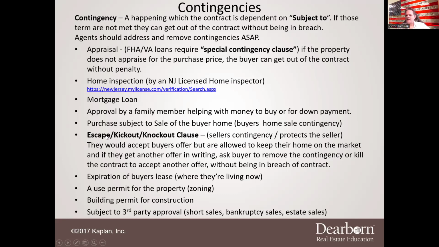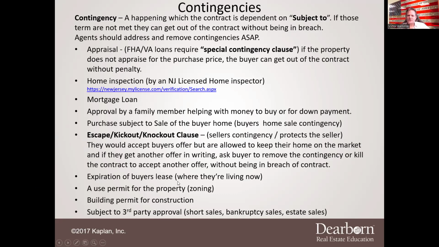And in that case, if we're representing the seller, we would insist on adding an escape, kick out, or knockout clause to the contract if they're going to accept an offer subject to the sale of a buyer's current home, so that we can look out for our sellers there.